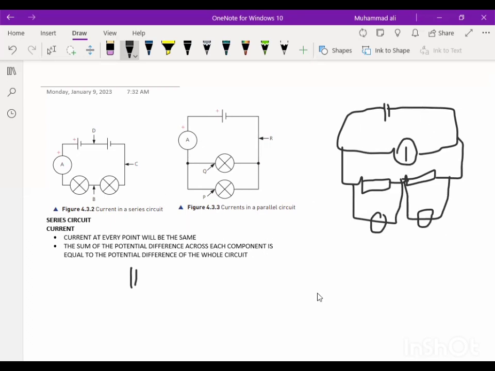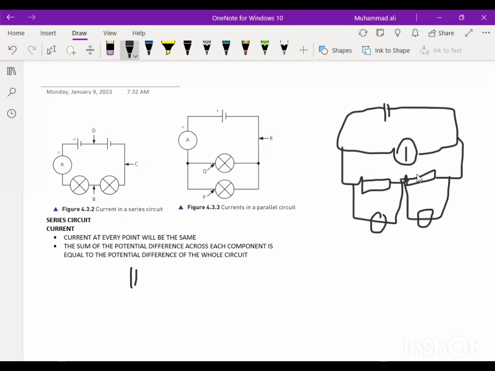Then we have this voltmeter connected in parallel to this resistor and this voltmeter connected in parallel to this resistor, right? So when we have the V1 value and the V2 value, when we add both of these values, we're going to get the value which this voltmeter is showing, right? So that is the idea of potential difference in a series circuit, right? Then talking about resistance in a series circuit.